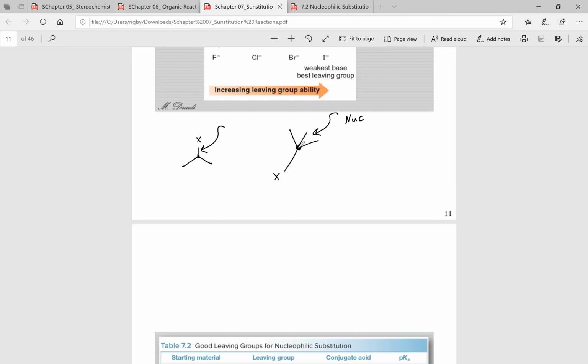So again, Sn2 wants speed, so it wants to have the carbon as accessible as possible. So Sn2 prefers methyls over primaries, over secondaries, and it almost never does Sn2 with tertiaries, okay?